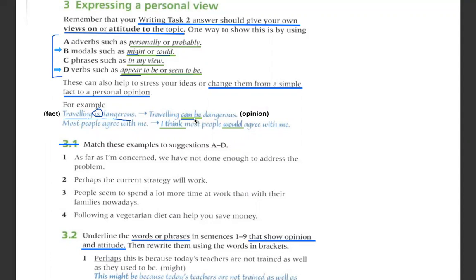Traveling could be dangerous. Or if we have a look at this one, most people agree with me. We're saying this as if it were a fact. It's not a fact, it's just our opinion. So we can use a phrase like I think, and we can use a modal. I think most people would agree with me.